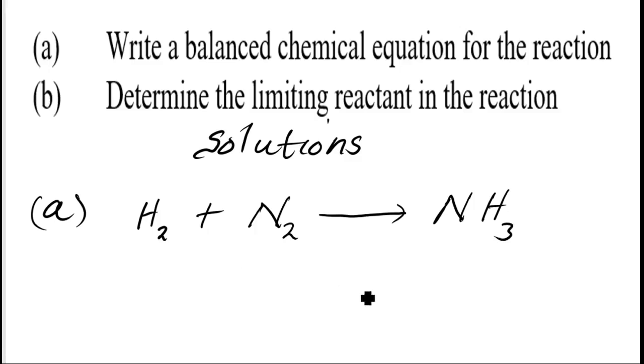When you are balancing a chemical equation, never try to balance hydrogen first. Hydrogen balances itself, so you can start balancing anything else but not hydrogen. So let's balance nitrogen: nitrogen 2, nitrogen 1. So we can put a 2 here.